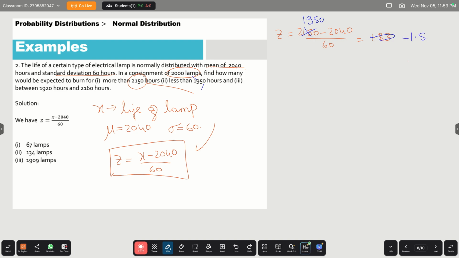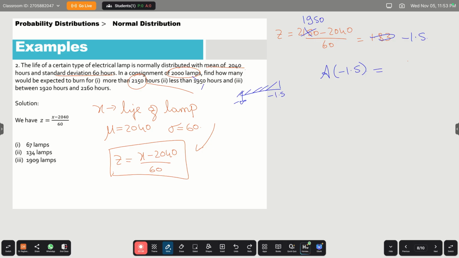So it is less than, so the area starts from minus infinity, so minus infinity up to minus 1.5. Because less than minus 1.5 means it will be to the left, so minus infinity to minus 1.5. More than means it will be to the right.